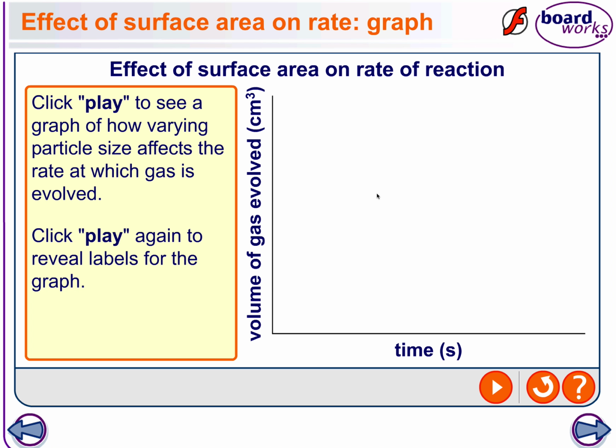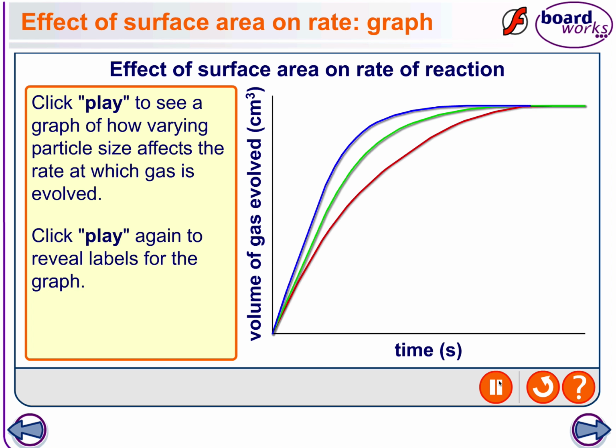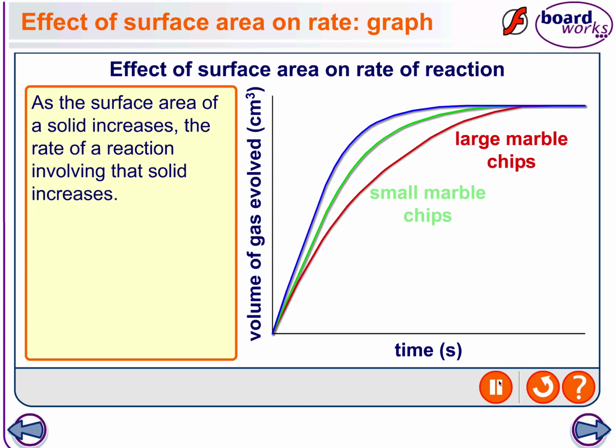Right, okay, so very quickly looking at the effect of surface area on rate of reaction, you can see two examples here in red and green, and then the third one in blue, which is basically powdered solid.